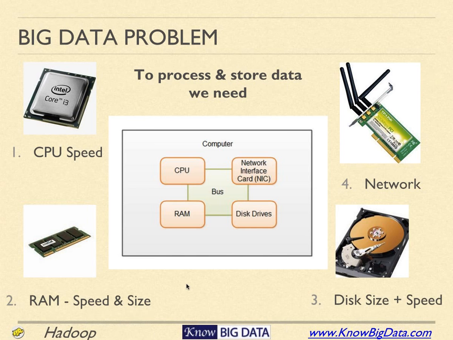Whenever we say handle the data, all of these components would be required. Broadly we say that these are the four things required for computing. Although the whole computer is required for the computing, these are the general four components which become the bottleneck.